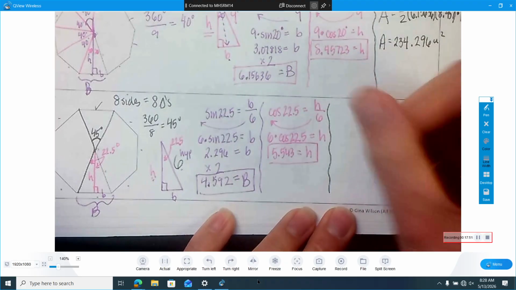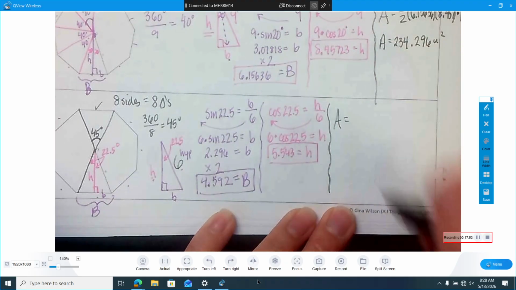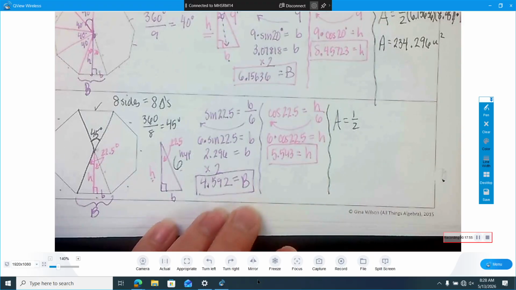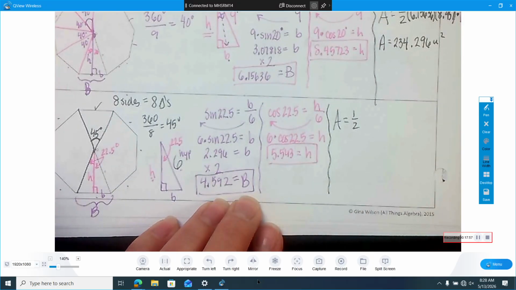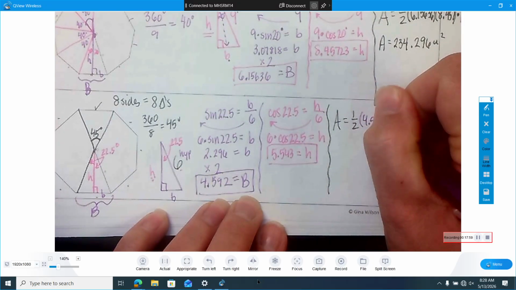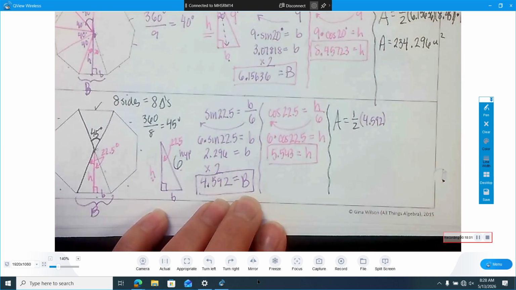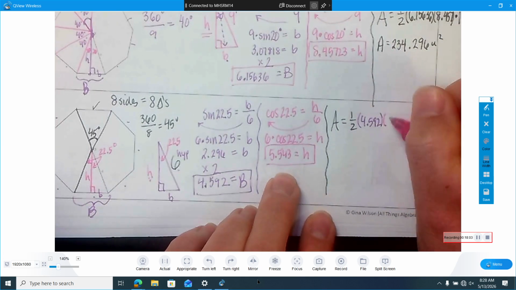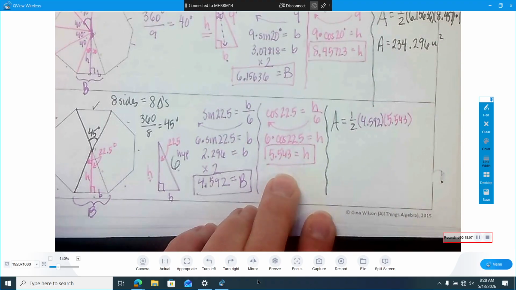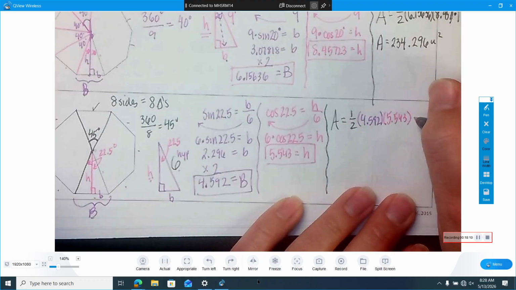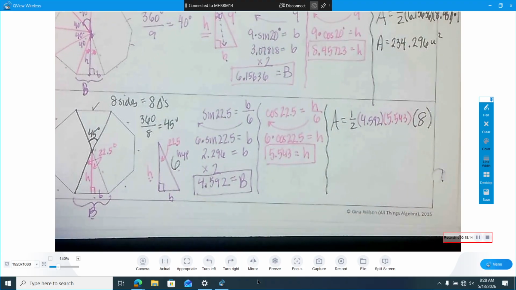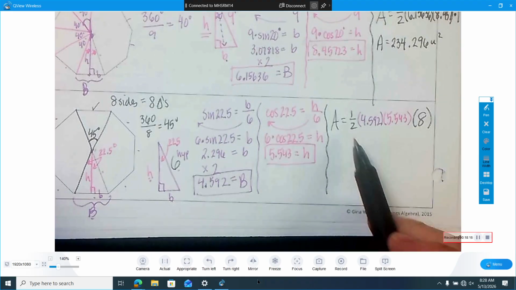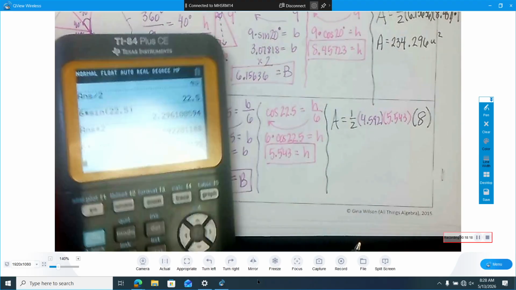All right, and so now if I want the area, it is 1/2 big base. So that's 4.592 times my height, which is 5.543, times, how many triangles? 8. 8 triangles. 1/2 base times height times the number of triangles.